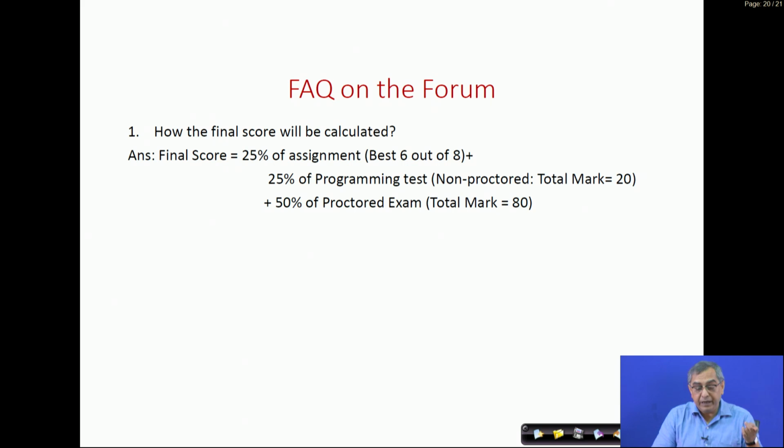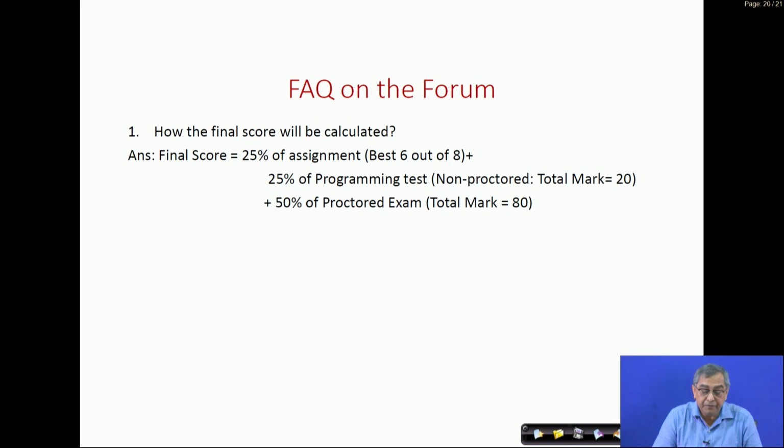Then you have a non-proctored programming test for 20 marks. Your performance in that will contribute another 25% of the final score. And finally, the proctored examination, which is for 80 marks, will contribute the remaining 50% of the final score.